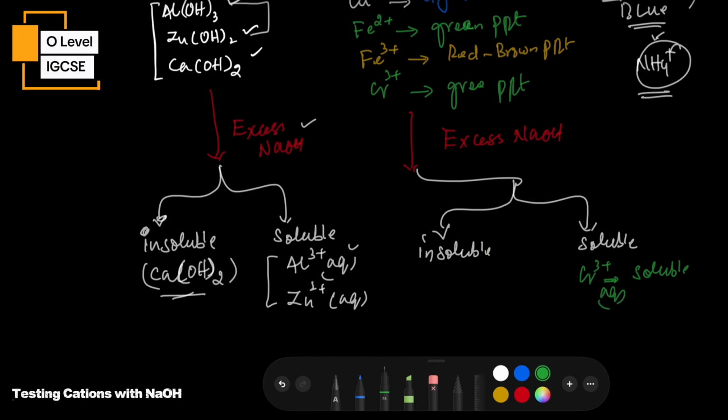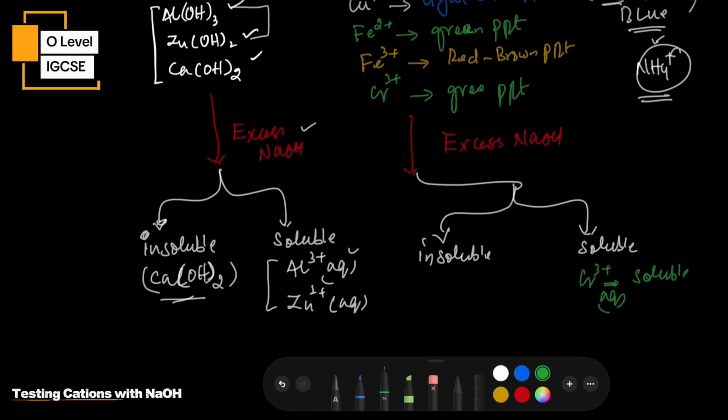All the other precipitates will remain insoluble.